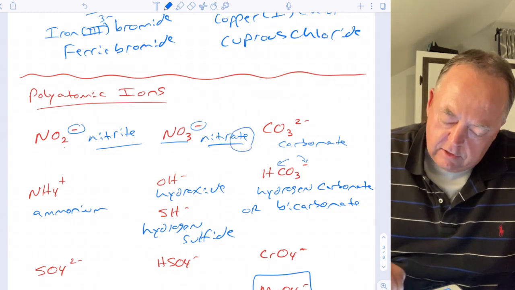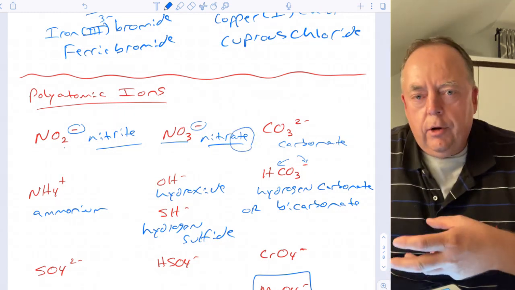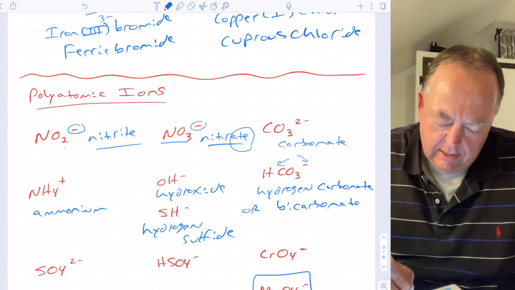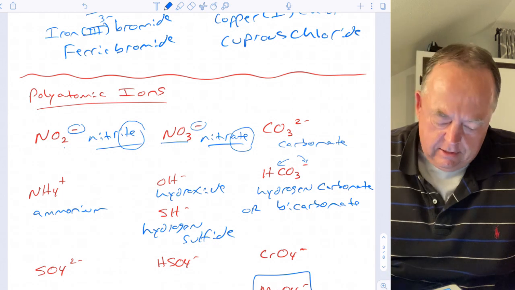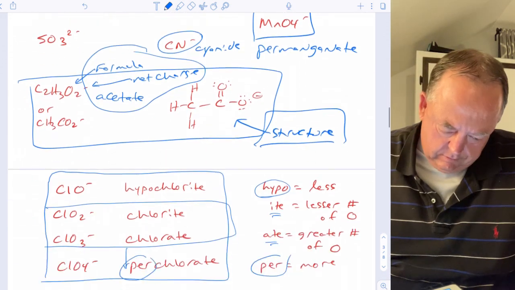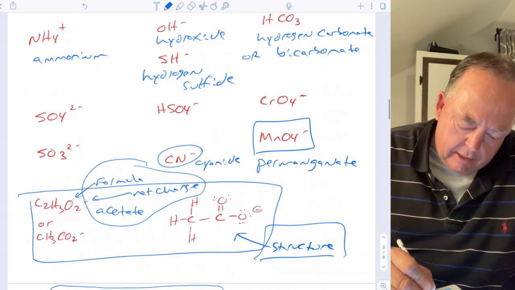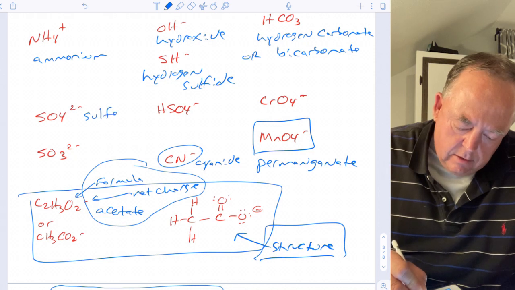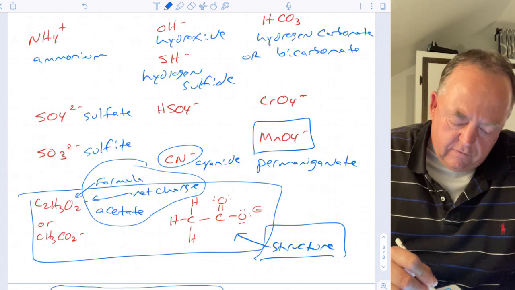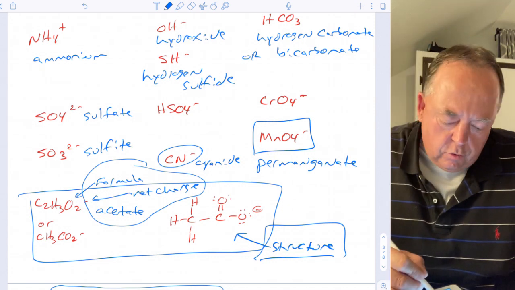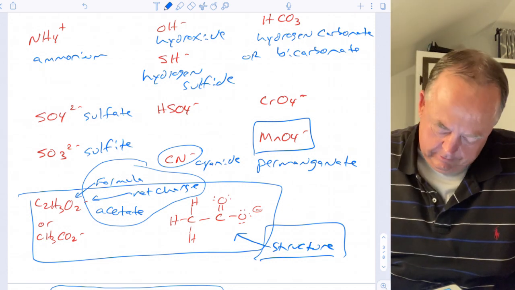Nitrogen with 3 oxygens has the greater number of oxygens, so it has the ate ending, and nitrogen with the fewer number of oxygens has the ite ending. We see the same thing here. This is sulfate, and this is sulfite. So sulfur with 4 oxygens has the ate ending, 3 oxygens has the ite ending.